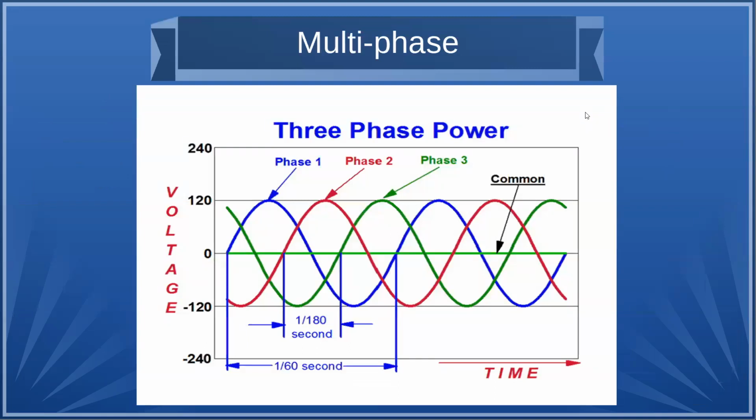Just so you're familiar with it, this is actually what Nikola Tesla patented, which was polyphase power. Today, we basically use 3-phase power for transmission.